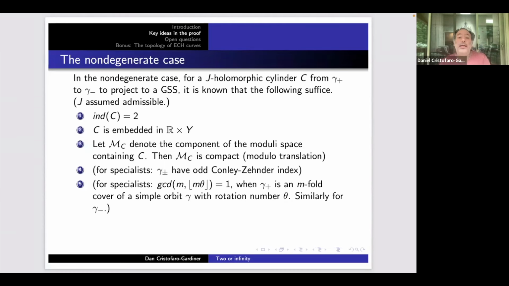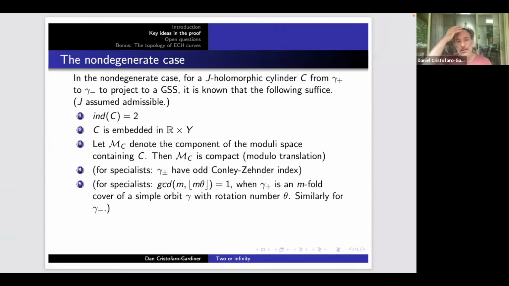So it turns out that if I take the greatest common divisor of m and the floor of m times theta, I need that to be 1, which may or may not happen. Since this is non-degenerate, the rotation number is going to be some irrational number. m is going to be some number, and then you can just compute, and maybe it'll be 1, maybe it won't. But we really want it to be 1. Okay, so that's pretty fun.